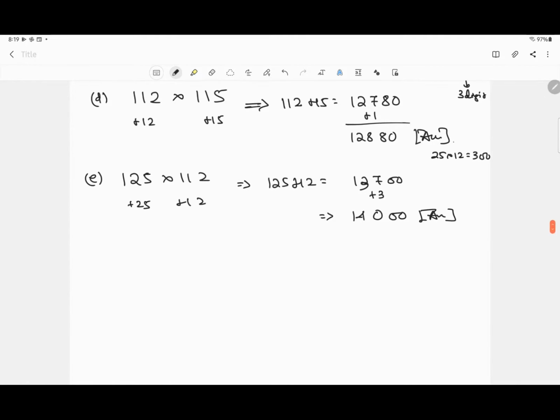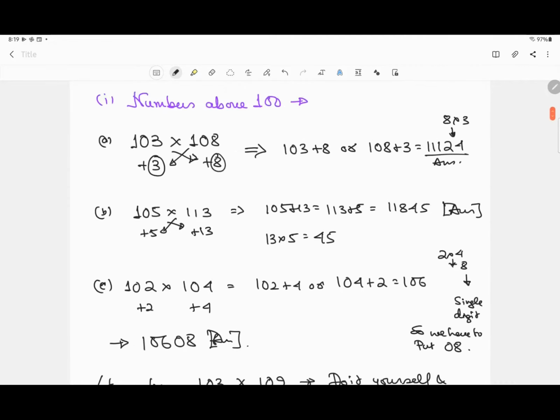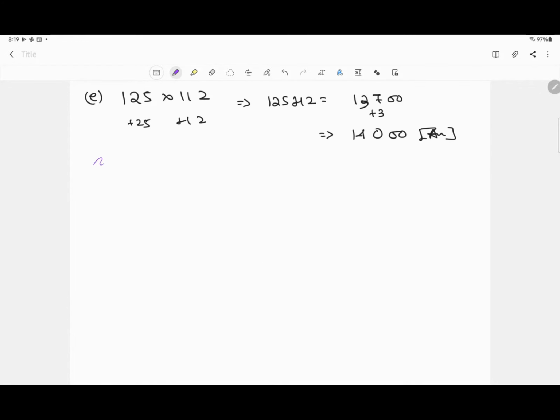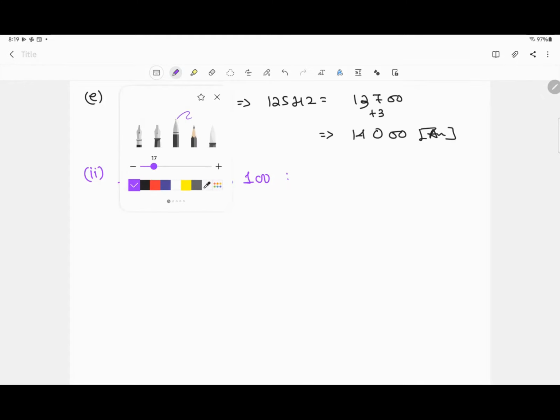Okay. Now next we will come to numbers which are below 100 but close to 100. First let us take 97 into 92.